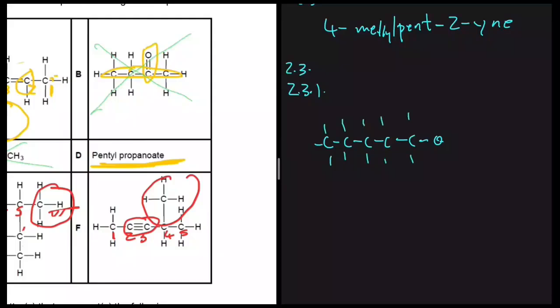And then the last part, propanoate, that is the acid. So propanoic acid was supposed to look like this, right? But what happens is that when it forms an ester, it loses this OH here, right? The alcohol loses an H, and then the acid loses an OH, and then the byproduct is H2O, right?